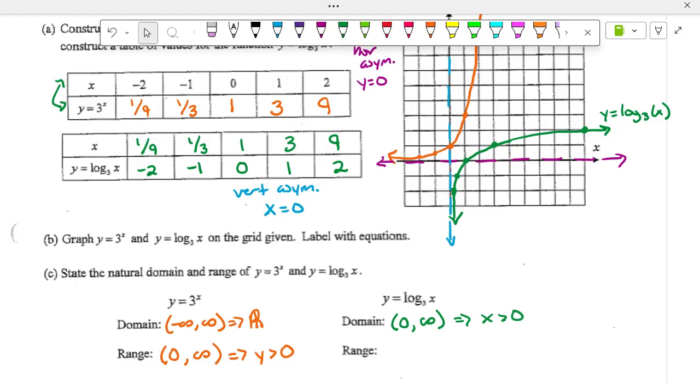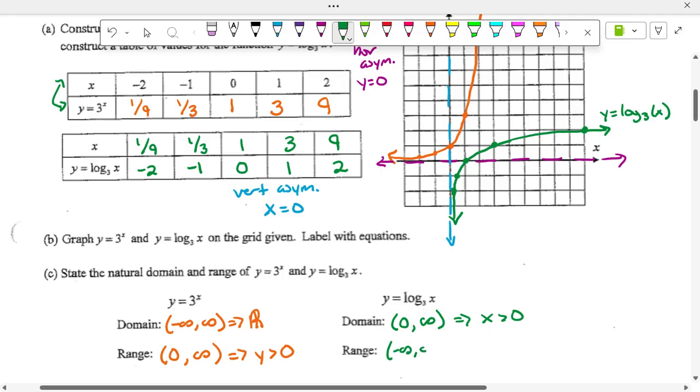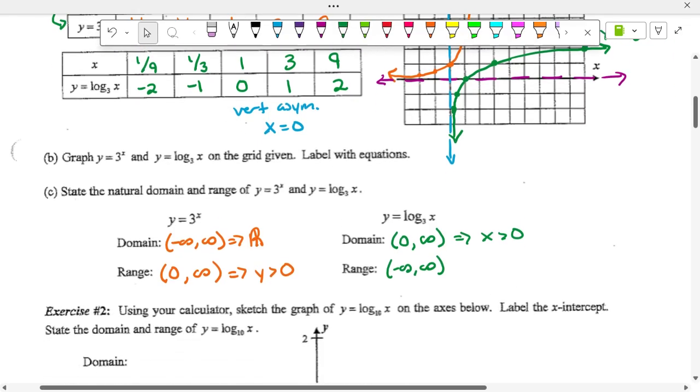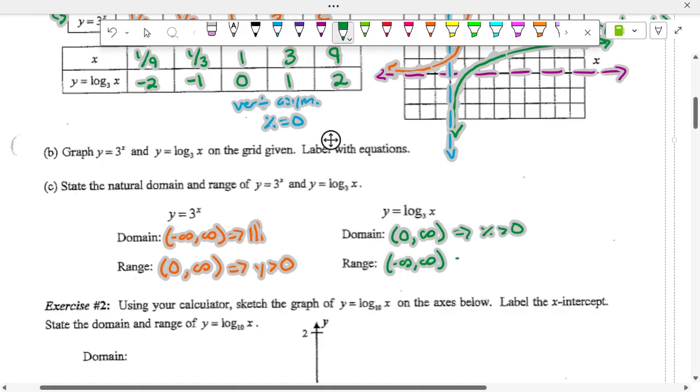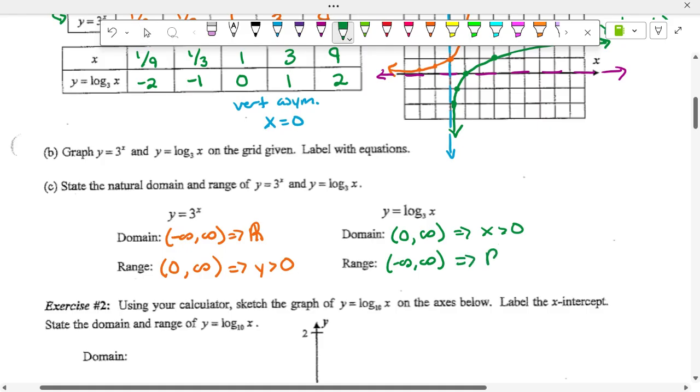It's also going to be infinity. Because even though it's going up very slowly, it's still going up. It looks like it's leveling off, but it's actually not. That graph will make it to 1 million eventually. It'll probably take 20 billion years, but it will make it there eventually. So it keeps on going forever. So your range is from negative infinity to positive infinity, which we can also say is all real numbers.